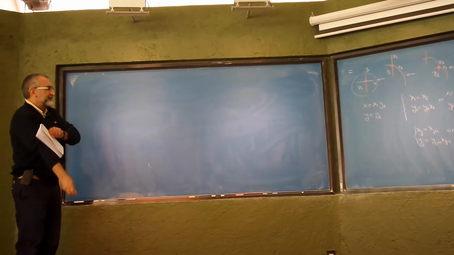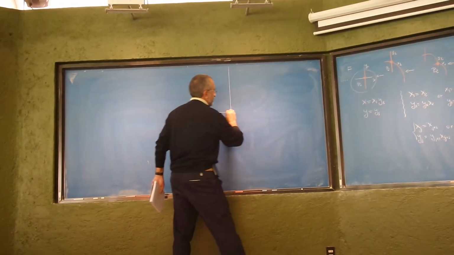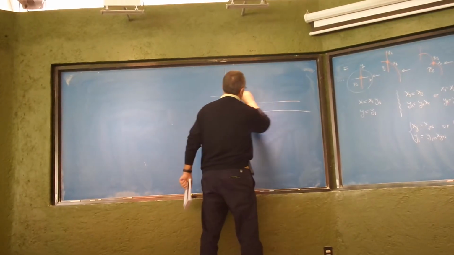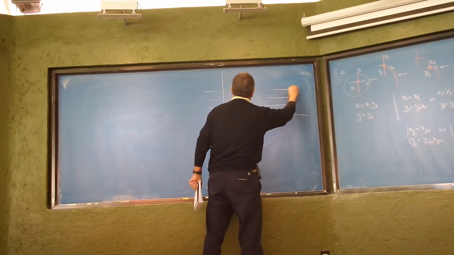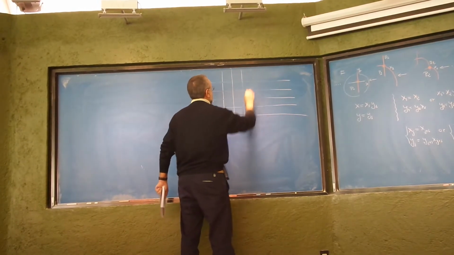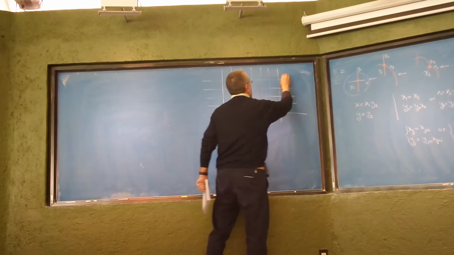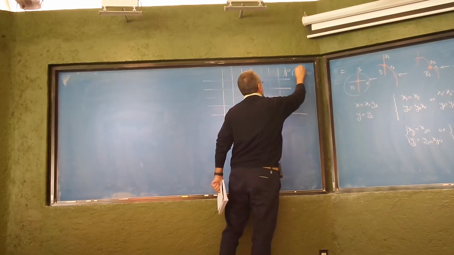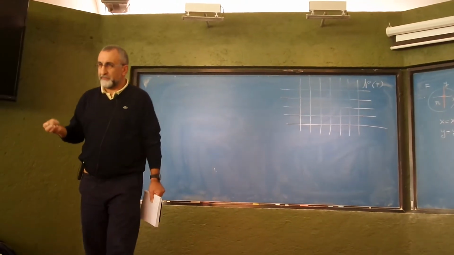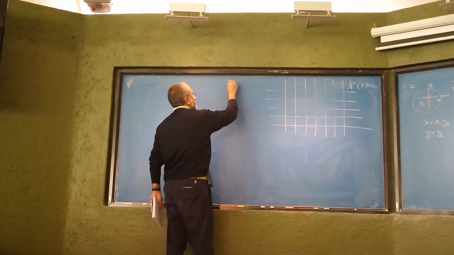We can go first in order to have an idea. The Newton cloud of F. I remember that F is like that.